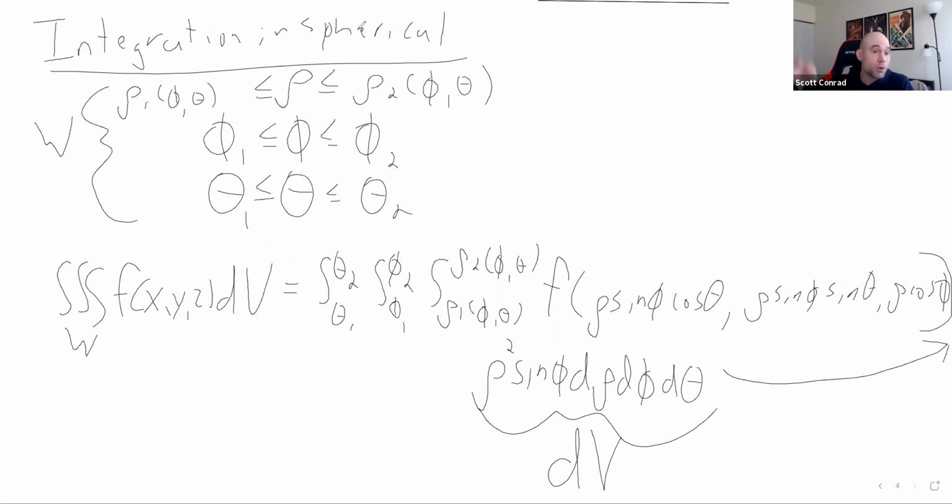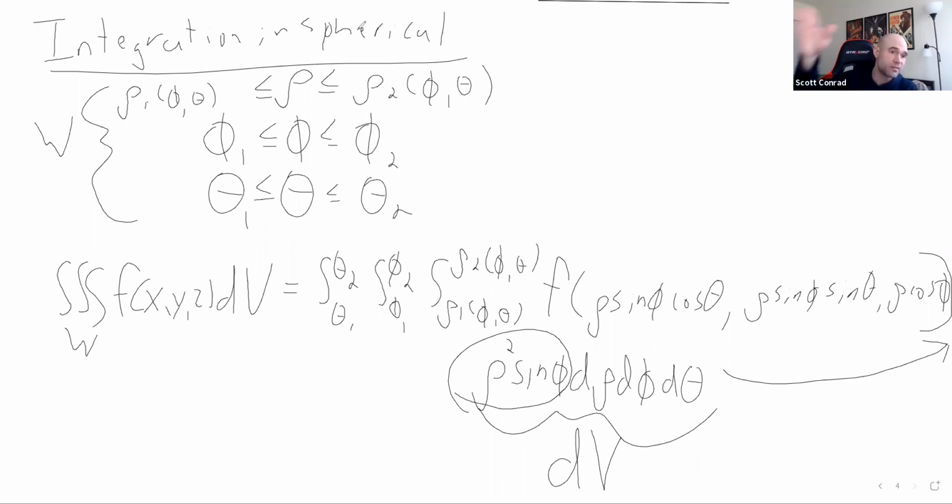So you have to multiply by the rho squared sine phi. You cannot forget that. You need to multiply your function by rho squared sine phi. Like with cylindrical, dv was r dz dr d theta.